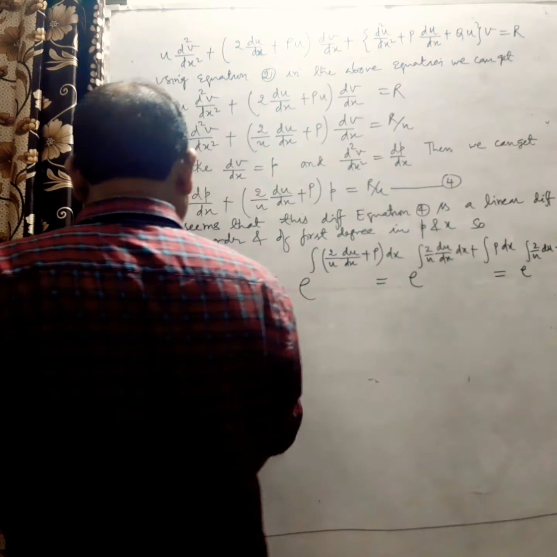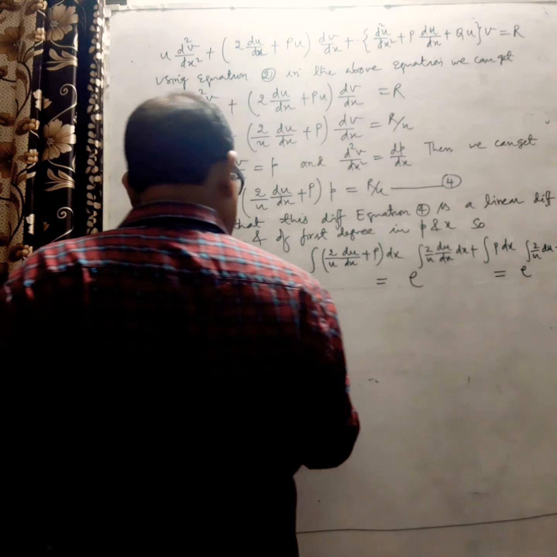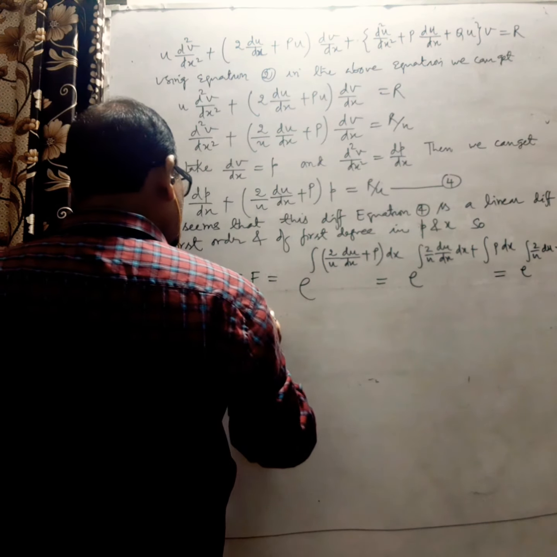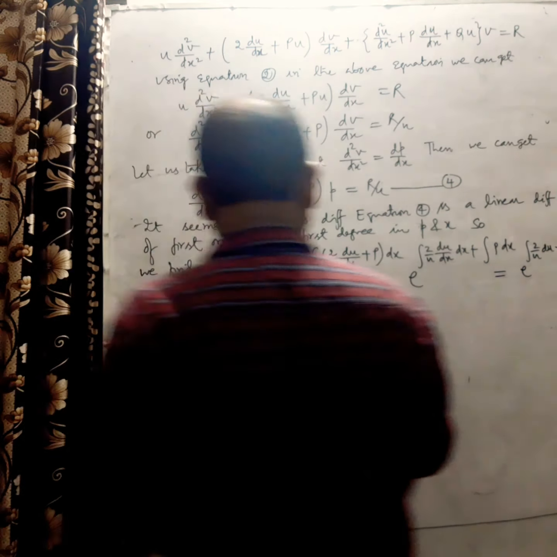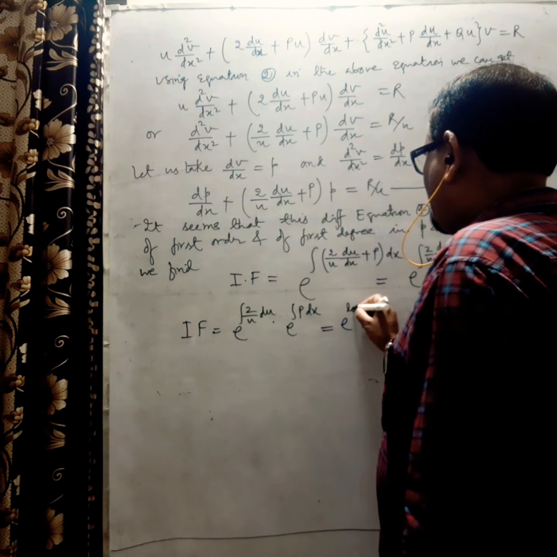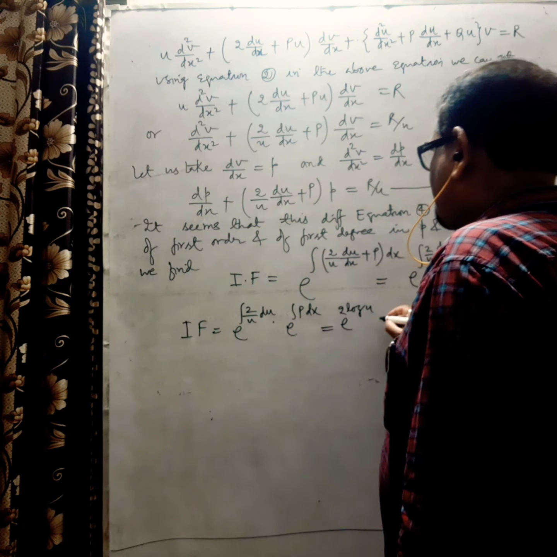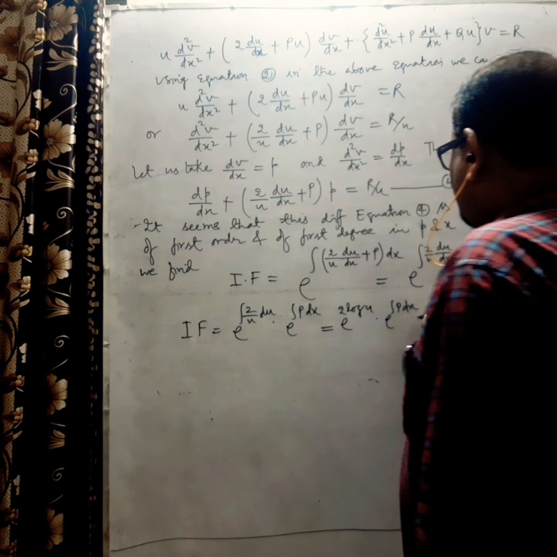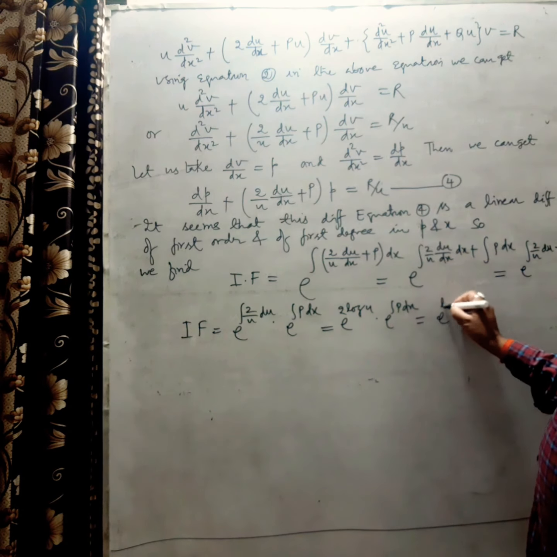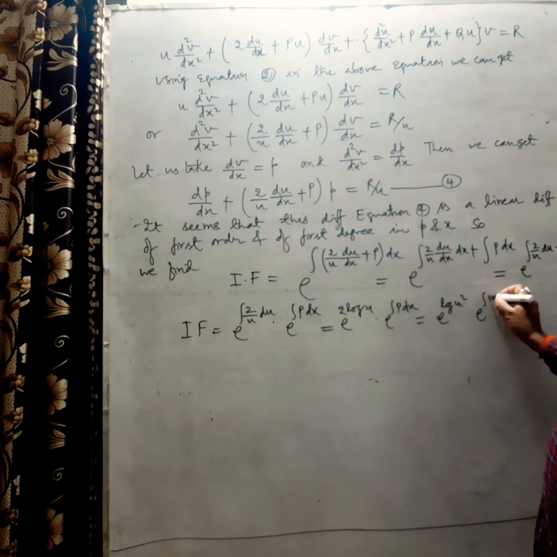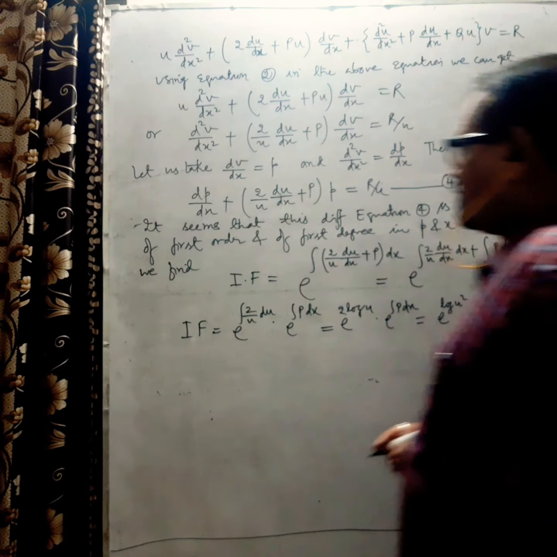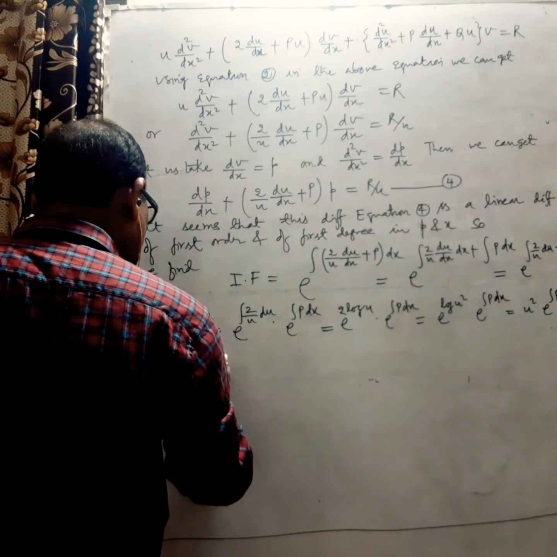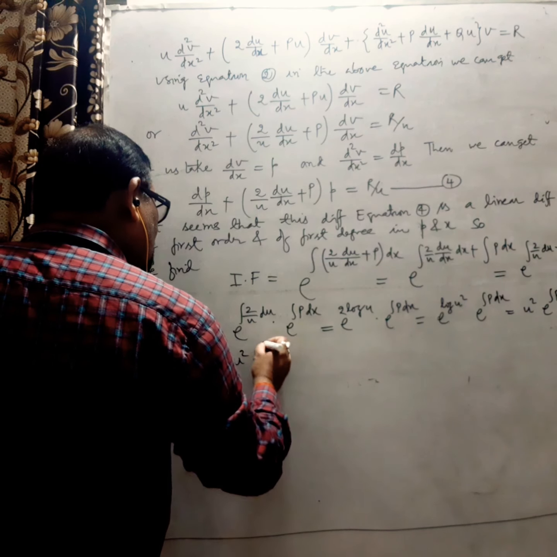So the integrating factor is e to the power integral 2 upon u du into e to the power integral P dx, and e to the power integral 2 upon u du is e to the power 2 log u, which means e to the power log u square, and it is well known e to the power log u square is u square. So we have the integrating factor u square e to the power integral P dx.